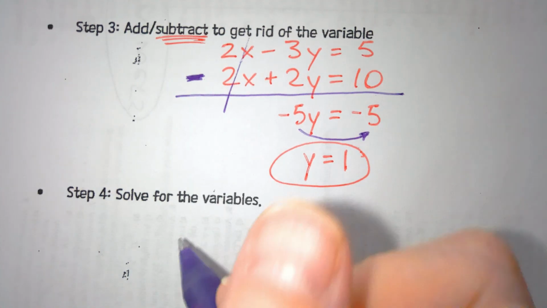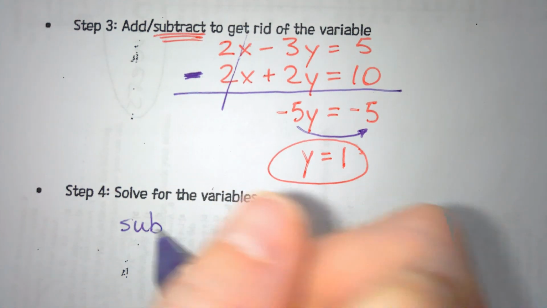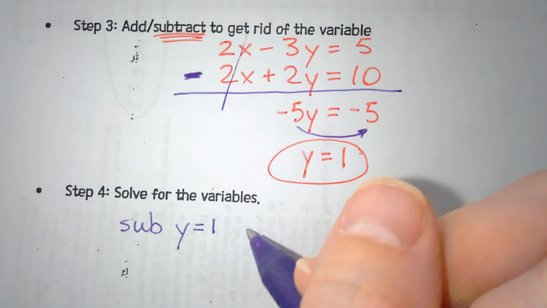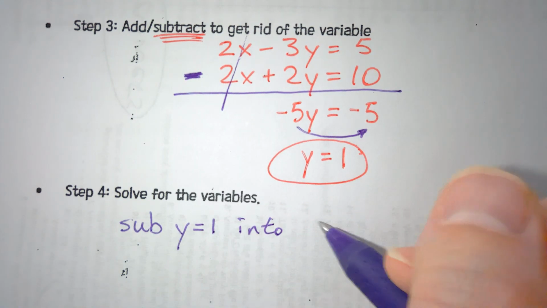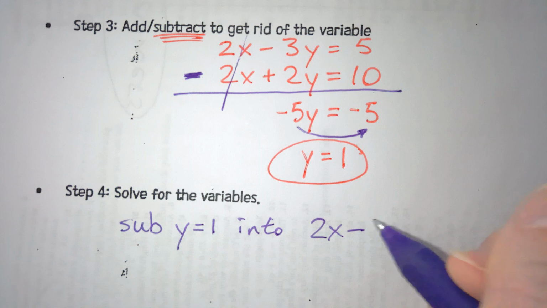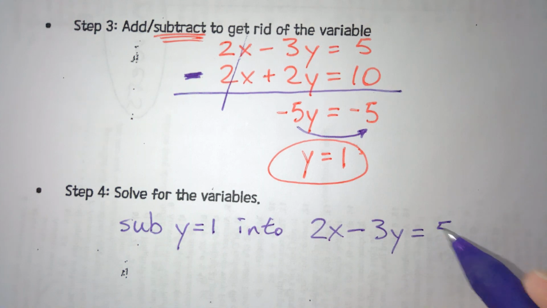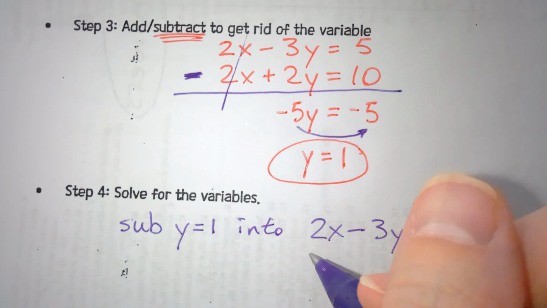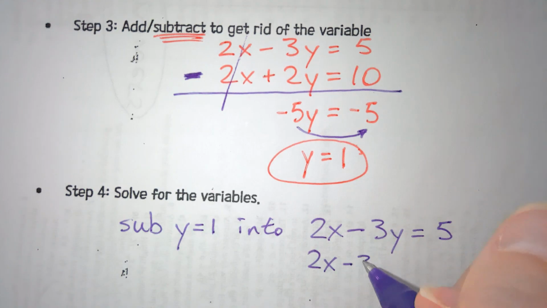So let's substitute y equals 1 into this first equation. Again, it doesn't matter which one. So 2x minus 3, I'm replacing the y with a 1 now.